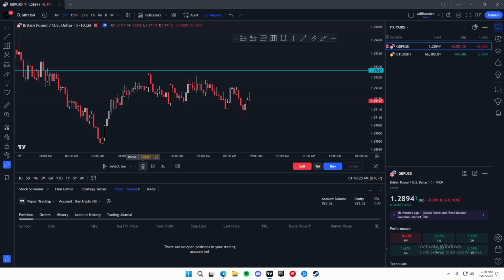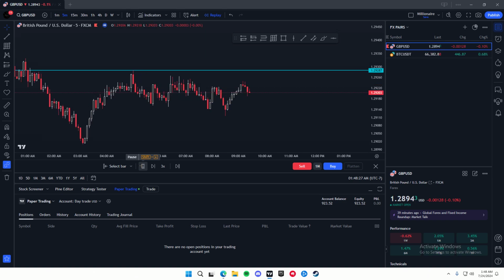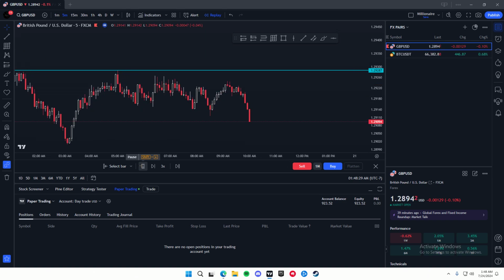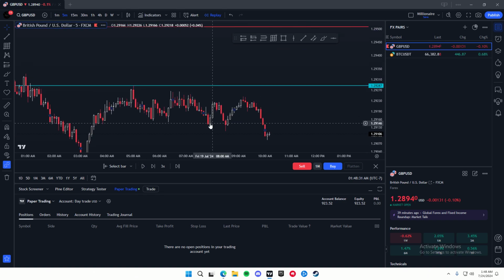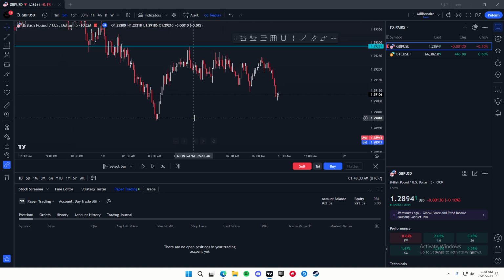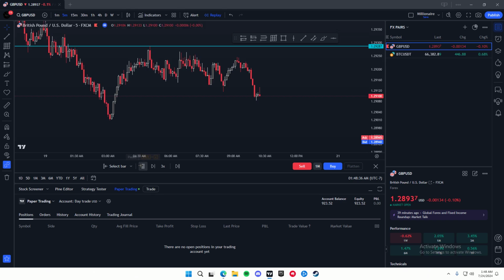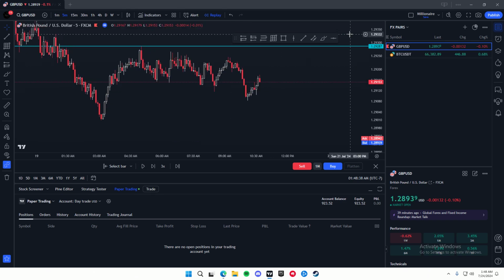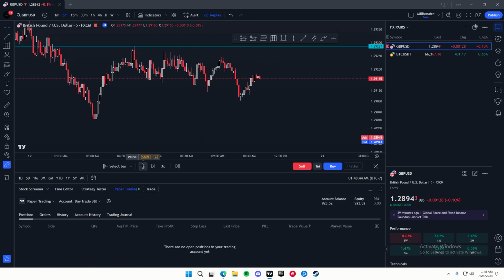No real movement here. This might have been a bad spot to try and take the trade. We might actually end up at the actual spot we're at right now. I think we actually are. Yeah, we already reached up.